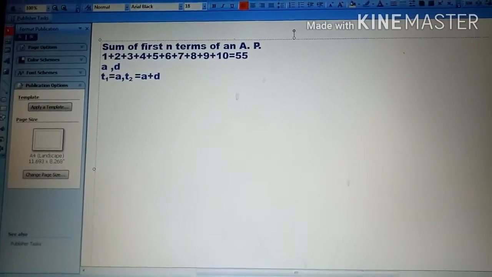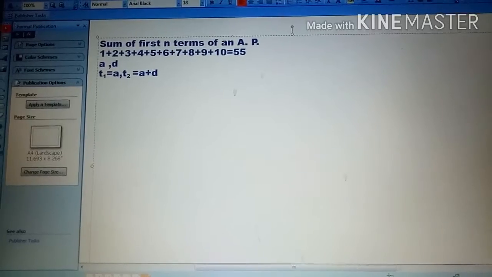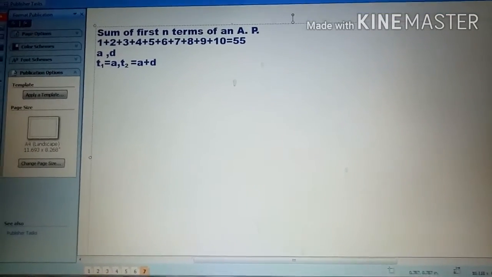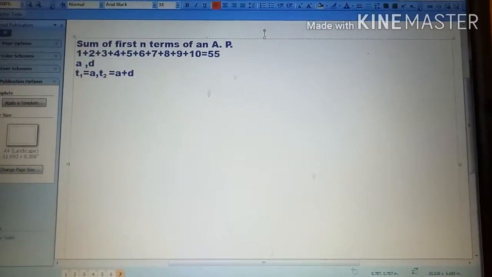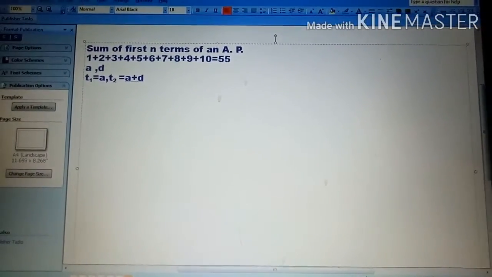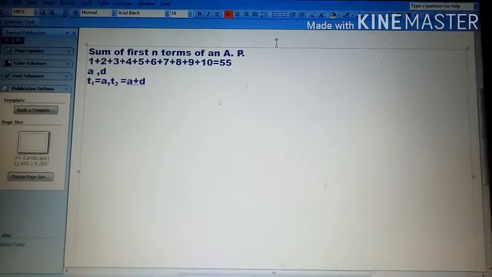If we add those terms, what will it become? It is their sum, correct? That's why we have to make a simple formula. We are going to use the sum of first n terms.